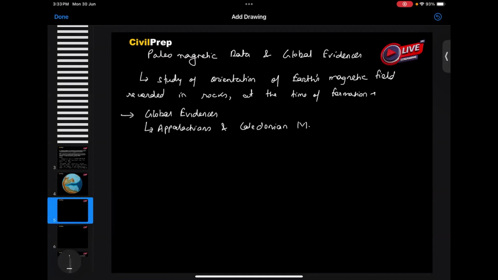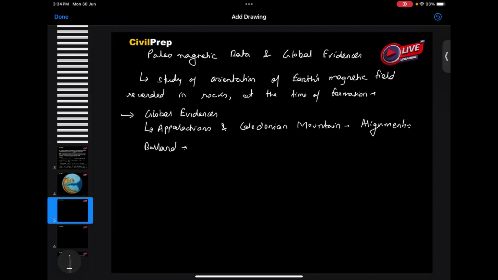Caledonian mountains and their alignments. So here, Bullard is one of the theorists.